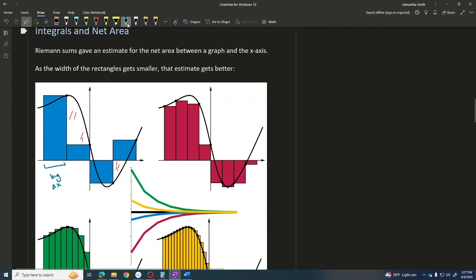However, if you make your rectangles a little bit less wide, if you start to shrink the value of delta x, then we can see right away that these narrower rectangles are holding a lot closer to the graph of the function.